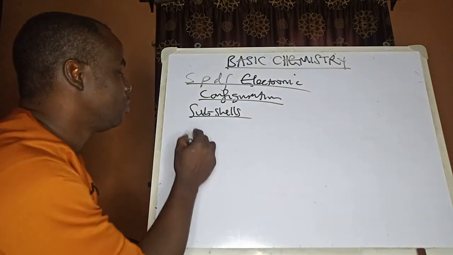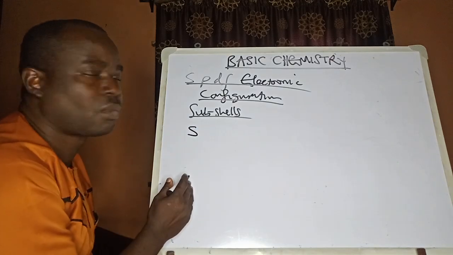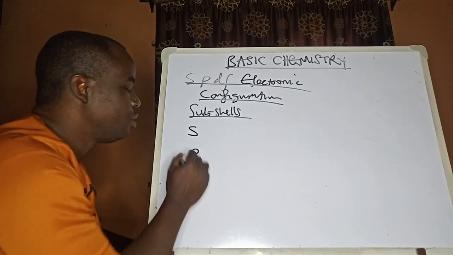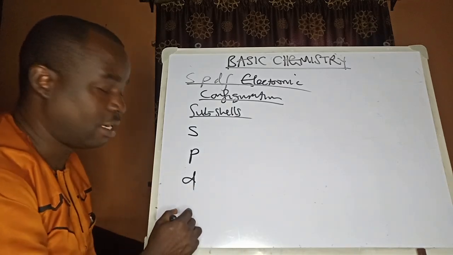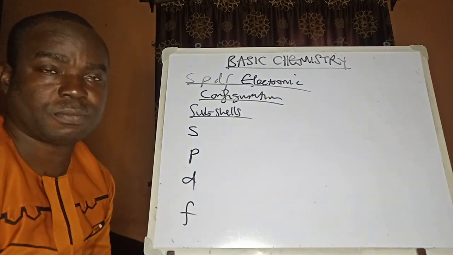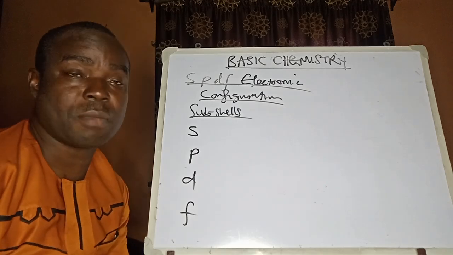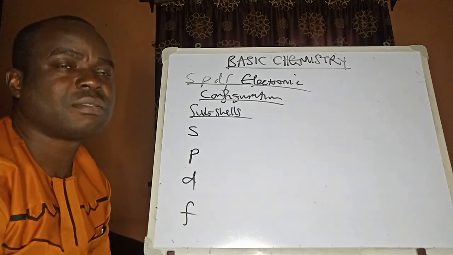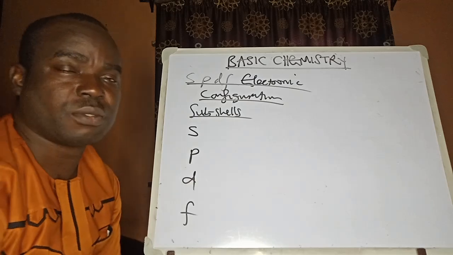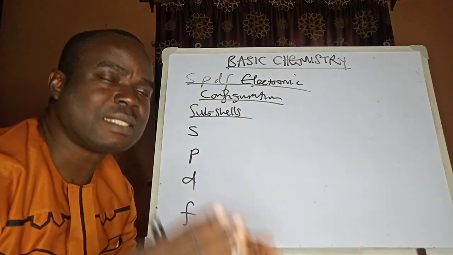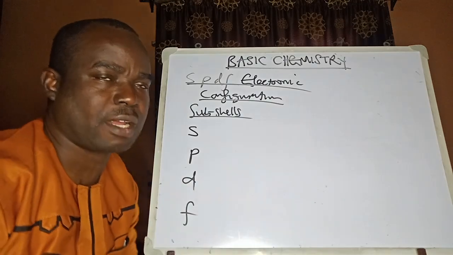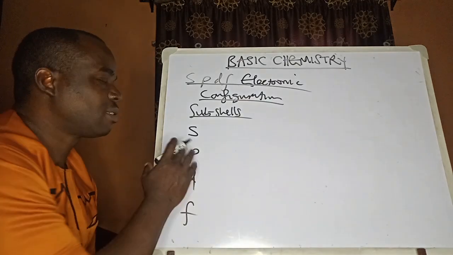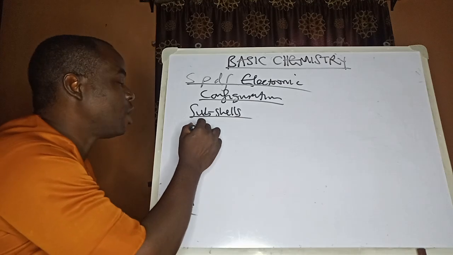They are the S subshell, the P subshell, the D subshell, and the F subshell. They are 4 in number. And each of these subshells has a certain number of electrons it can carry, the maximum number of electrons it can carry. This S subshell takes a maximum of 2.